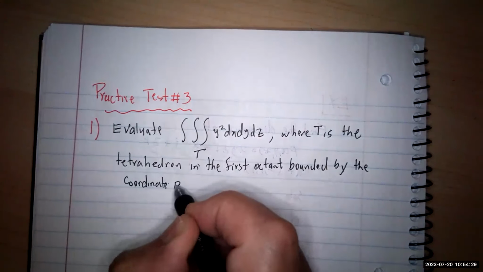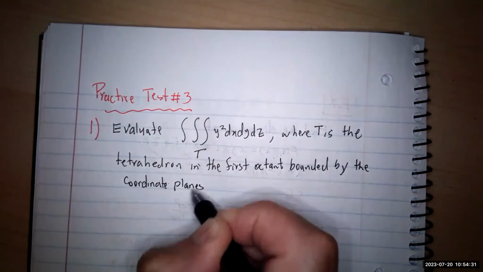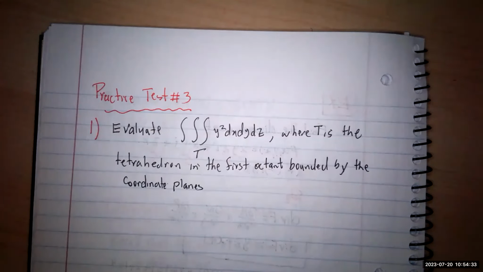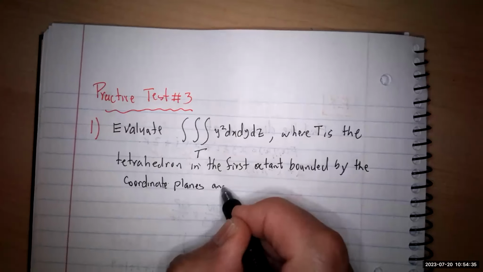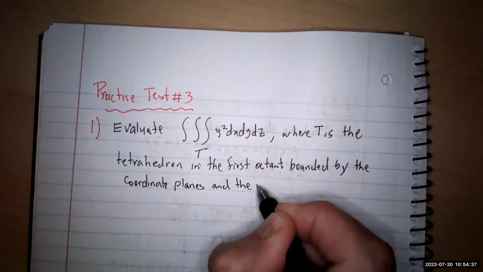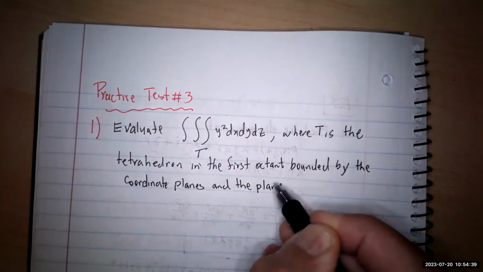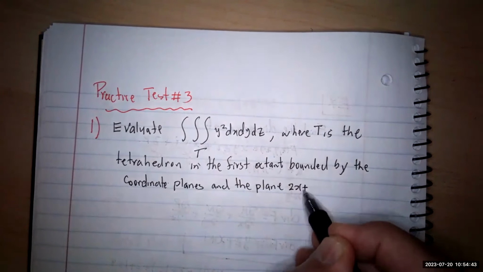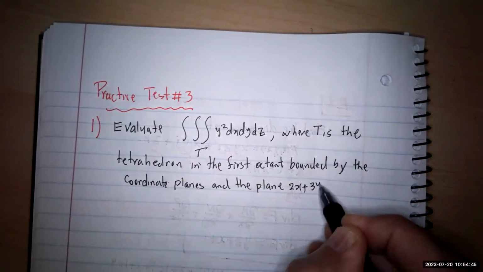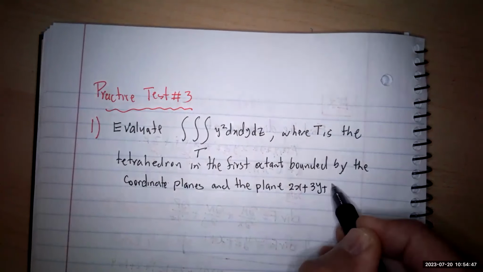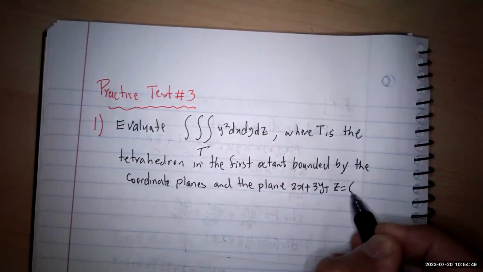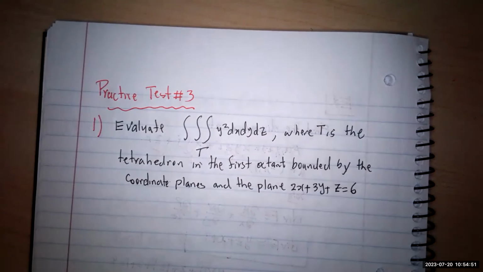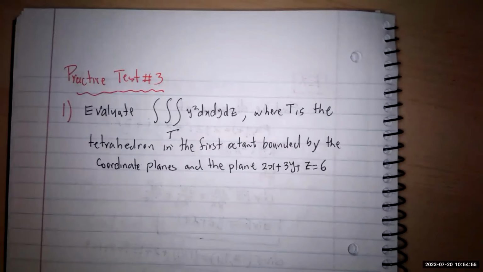Coordinate planes means, you know, x = 0, y = 0, z = 0, and the plane with this equation. The equation is going to be 2x plus 3y plus z equals 6. You did a similar one using the double integral. So it's the evaluation of a triple integral.